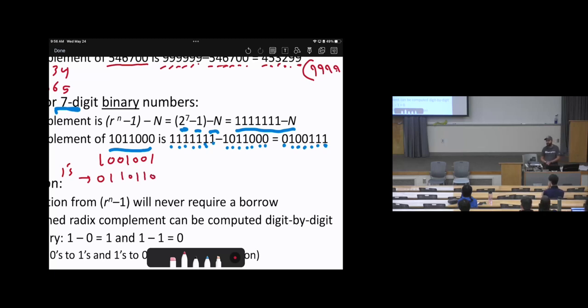And that's it. It's just that simple. Just make sure to flip any 0 to 1 and any 1 to 0. So as a result, to find the 9's complement, subtract each digit from 9, and to find the 1's complement, flip the bits.